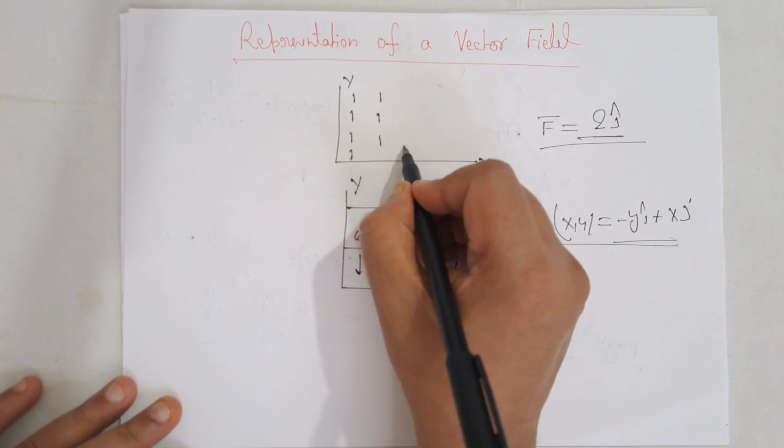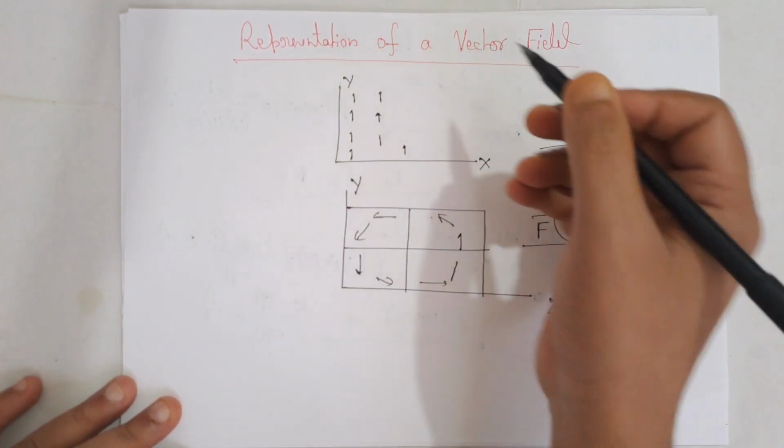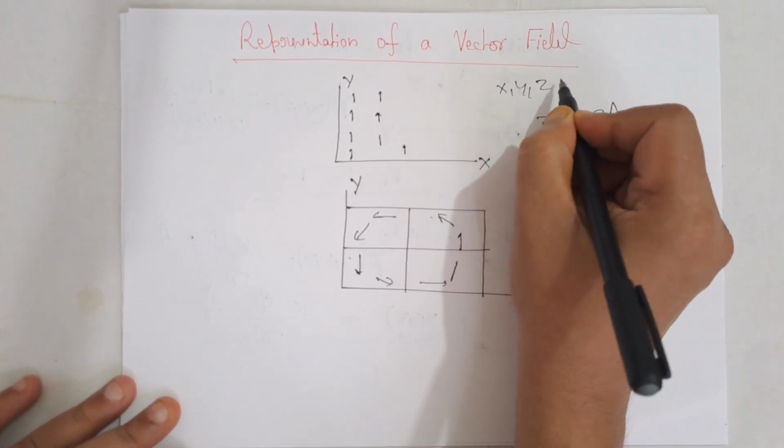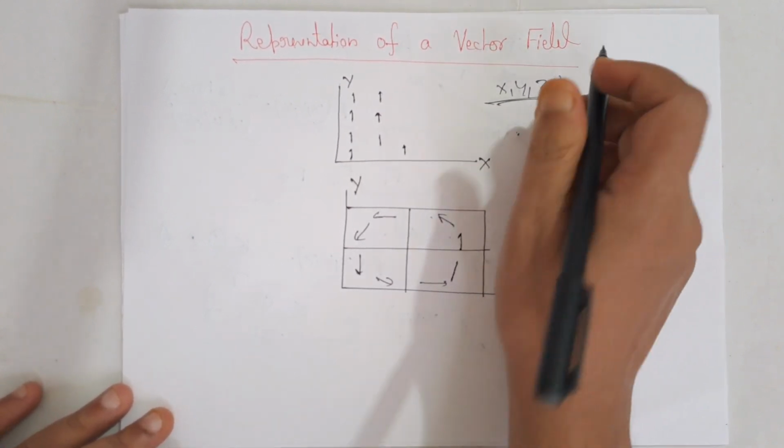With the help of arrows we can represent a vector field. And a vector field has three components along the three coordinates x, y and z.